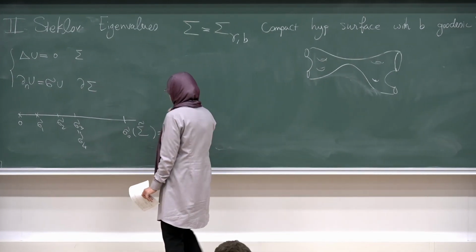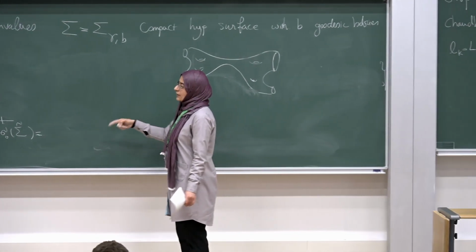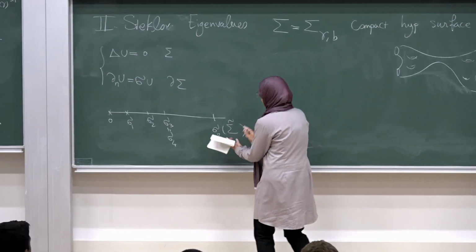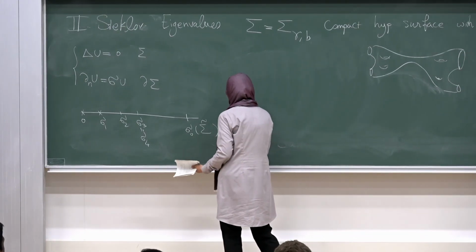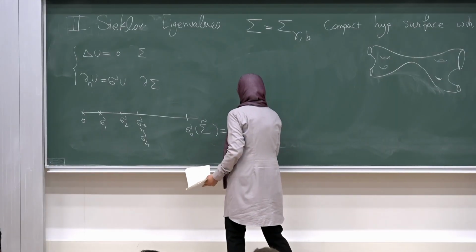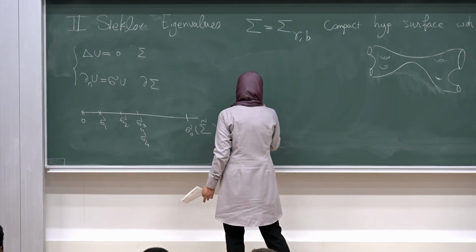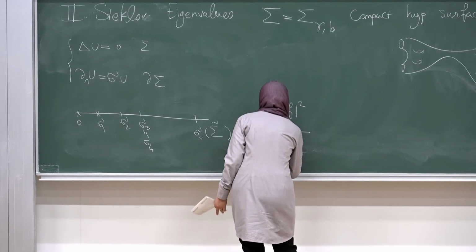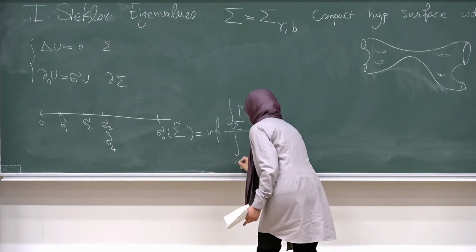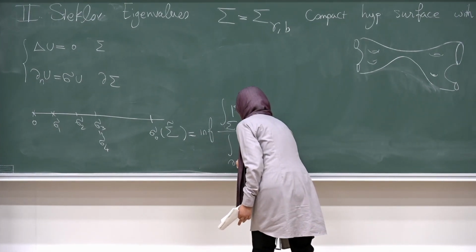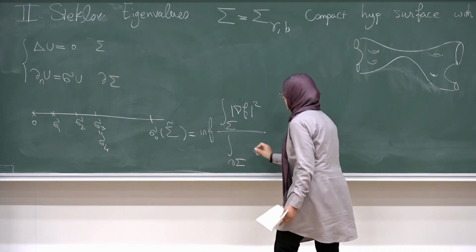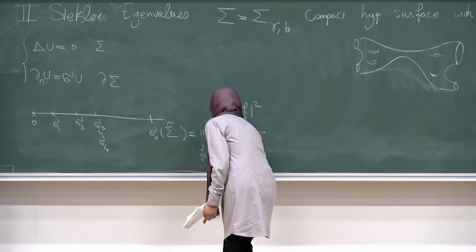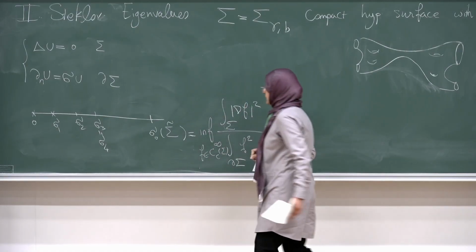In this unbounded case, Polymerakis showed that this is a well-posed problem, and this is equal to a Rayleigh quotient, almost similar, but in the denominator, instead of taking the integral over sigma, we take the integral over the boundary, and this is compactly supported.